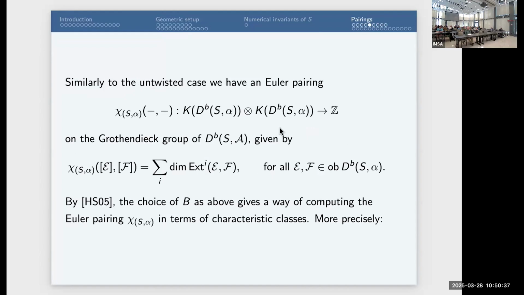Going parallel to the twisted case, we just twist everything. We have an alpha twisted Euler pairing, on the alpha twisted K group. It's given by the same formula, the sum of dimensions of Ext groups. And according to Huybrechts and Stellari, the choice of B as above gives a pretty good pairing in terms of the cohomology.